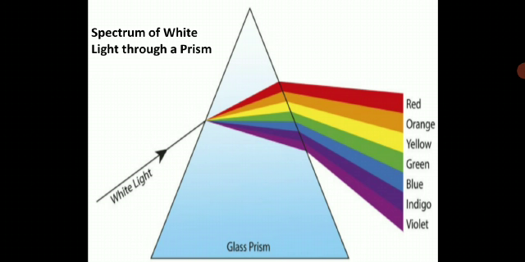That means the white light consists of seven colors. It is going to split into seven colors when it passes through a glass prism, and it is beautifully seen in a device called a spectrometer, which will help you to see the splitting of the white light. When it passes through a prism, you will see the seven colors.